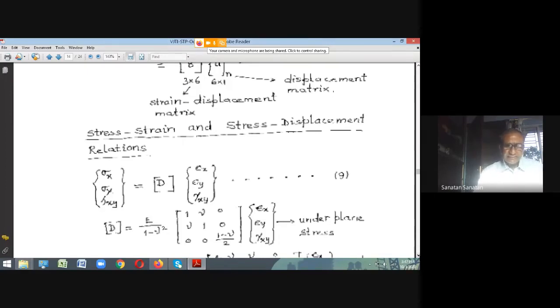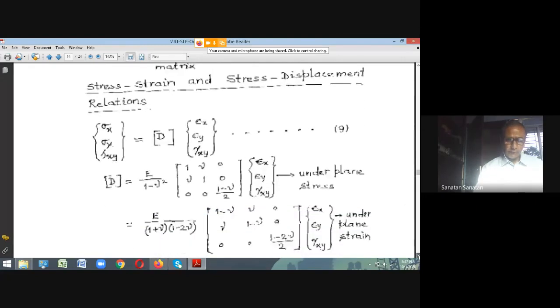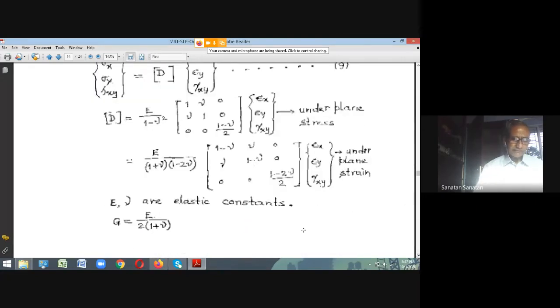Then, with the stress-strain relations we have just got, we can now get stresses in terms of displacement. Sigma x, sigma y, tau xy is equal to the D stress-strain matrix multiplied by the strains. If we substitute the value of D, the D matrix is given for plane stress at the top and plane strain at the bottom.